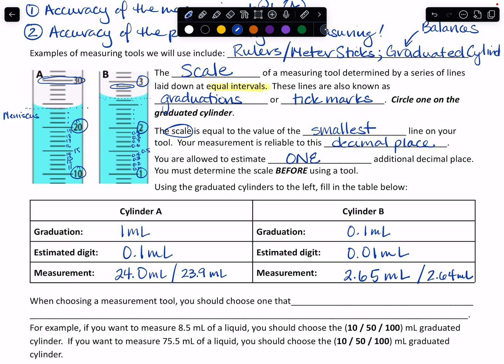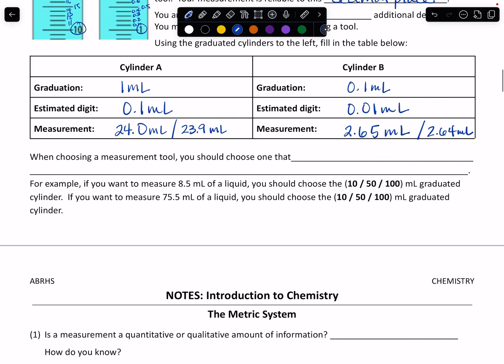All right. Now, how do I choose what instrument to use? All right. Well, when choosing a measurement tool, you want to choose one that is larger than your amount measured, but close to the amount.